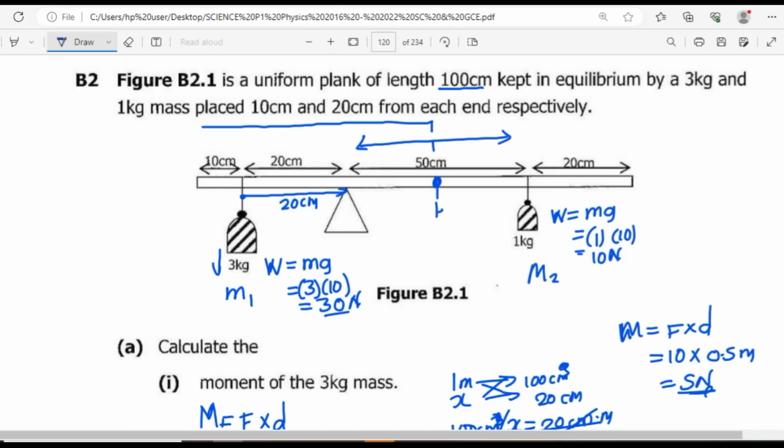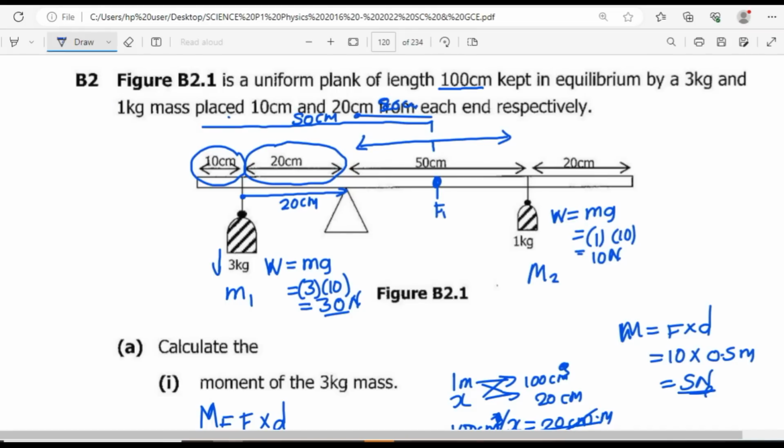So we'll say this is the force. If this is 50 centimeters as our distance, then what is the distance from here up to here? Look at this point: here we have 20, then here we have 10, 20 here, so this is 30. If the total distance is 50, then 50 minus 30 means this is 20 centimeters.